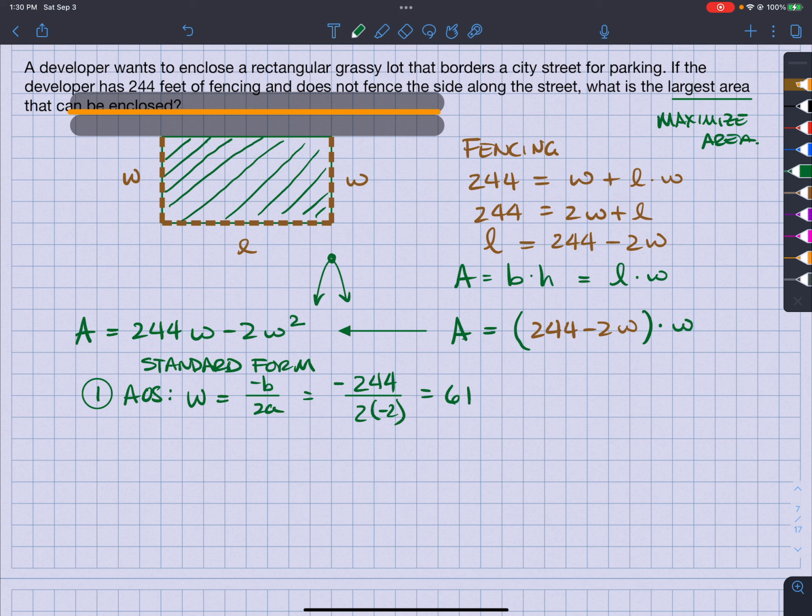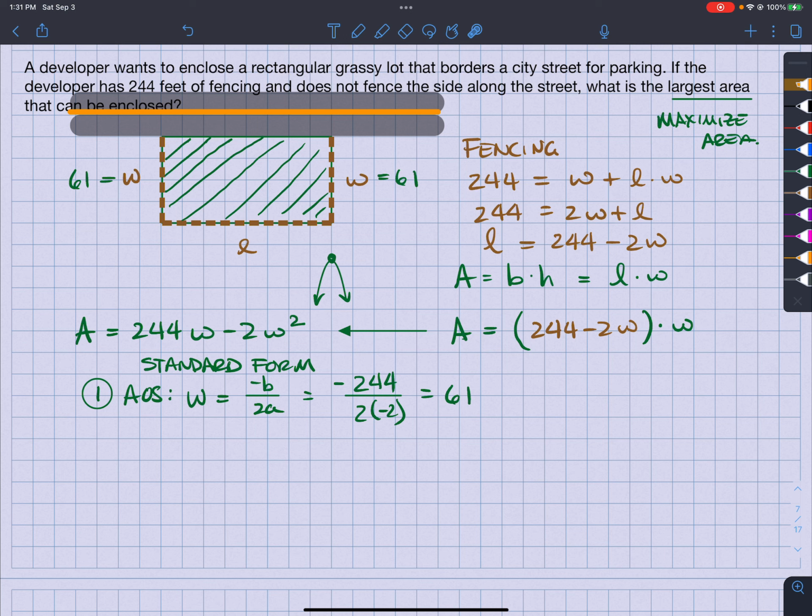If you look at it, this is W, and W is equal to 61. So this W is 61, and this W is 61. If that is the case, what do you think my L is going to be? I can do one of two things.